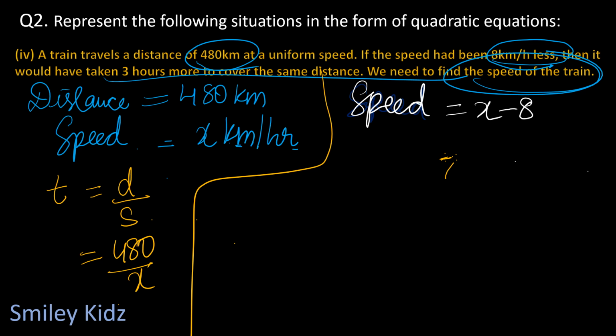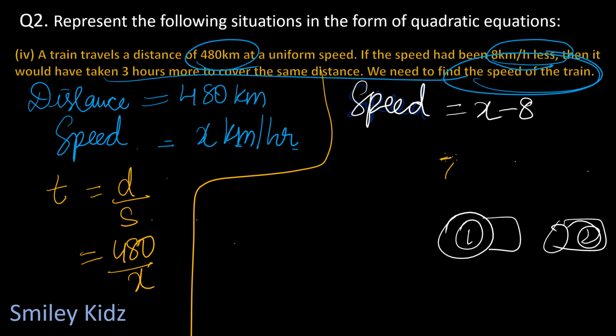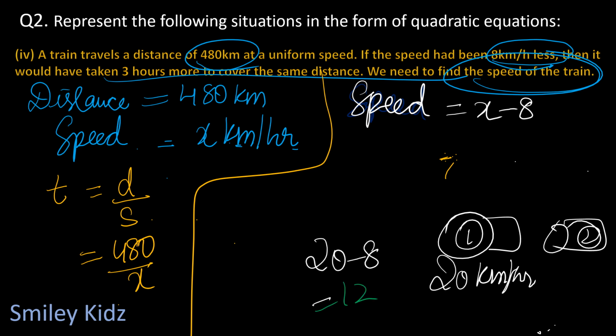Now suppose I have two cars. Let's suppose that this is car 1 and car 2. If car 1 is traveling with a speed of 20 km per hour and I say that car 2 is traveling 8 km per hour less, then it means 20 minus 8, which is 12.